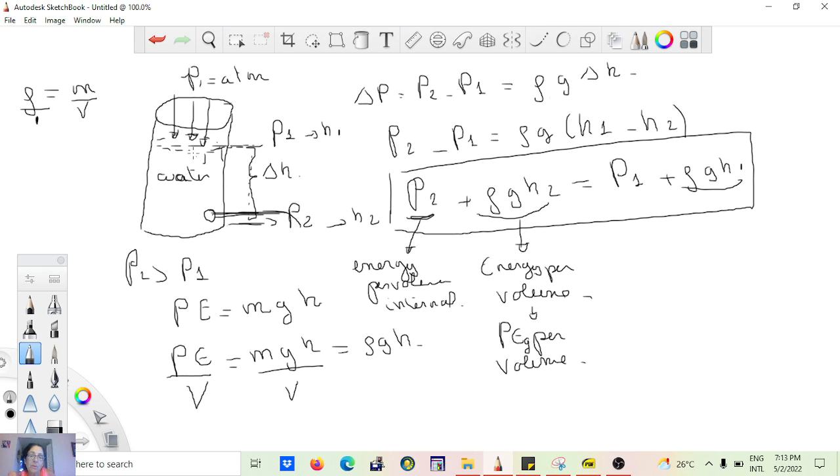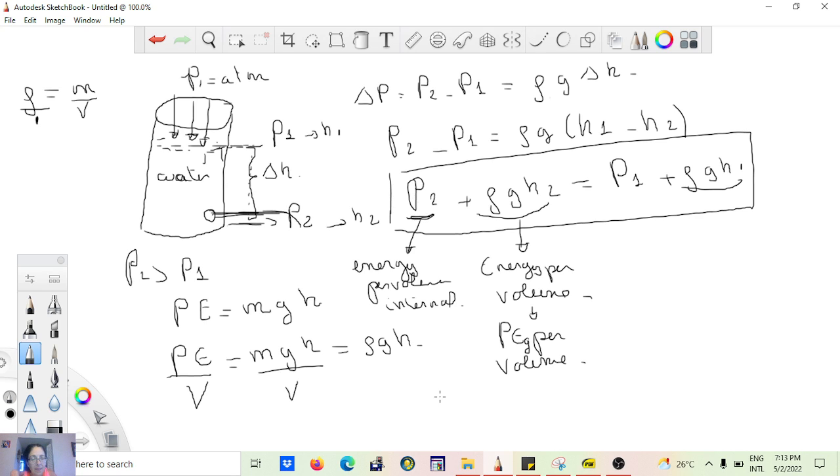That's because all that pressure is doing work, and it's losing pressure, and here it's gaining kinetic energy. So all that pressure has the potential to turn into kinetic energy. So this is also a form of energy.